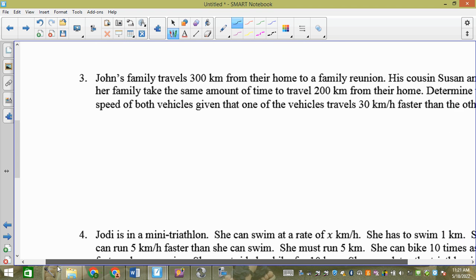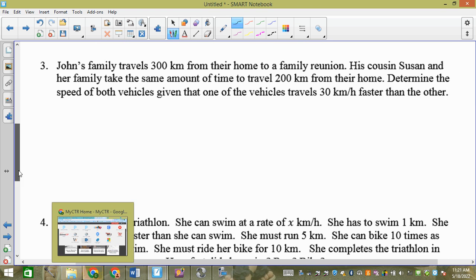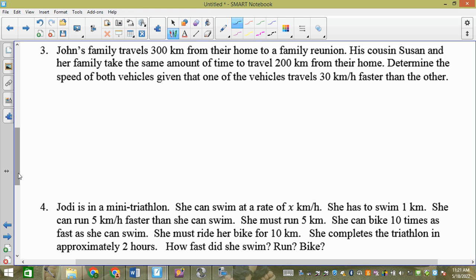Here's number 3. So here it says, John's family travels 300 kilometers from their home to a family reunion. His cousin Susan and her family take the same amount of time to travel 200 kilometers from their home. John's family is over the speed limit. That is what's happening. Or else, Susan is very under. Determine the speed of both vehicles given that one of the vehicles travels 30 kilometers faster than the other.